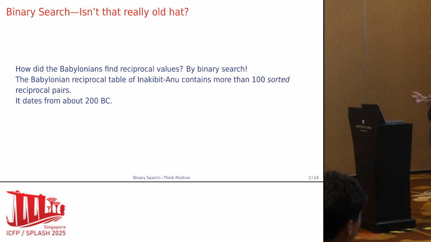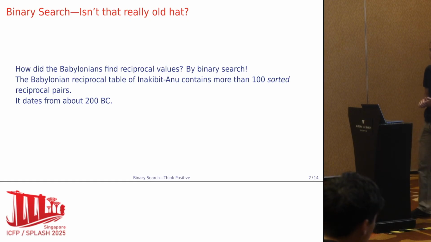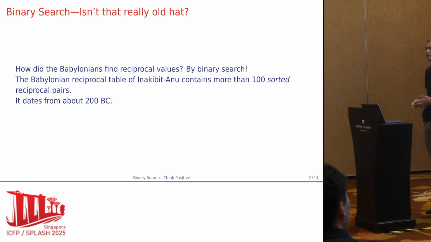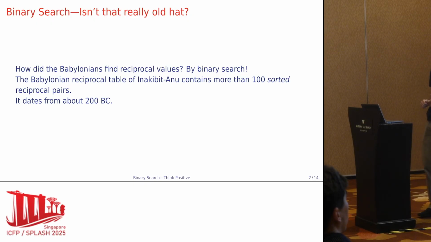And indeed, binary search is hopefully known by every computer science student. We teach it in every algorithmics course. So let's have a look at two examples of definitions of binary search.